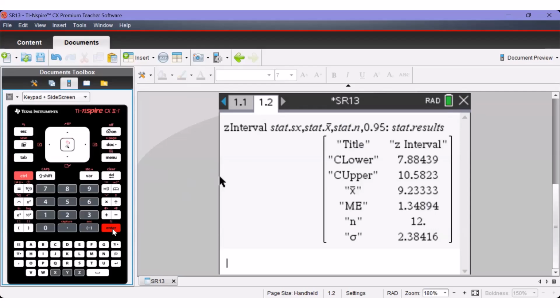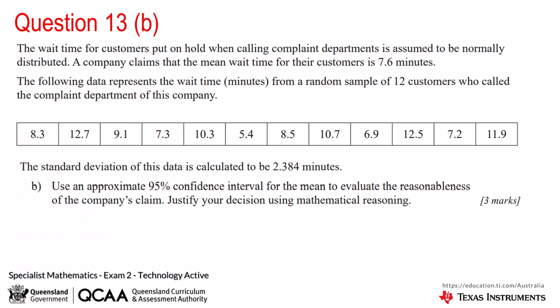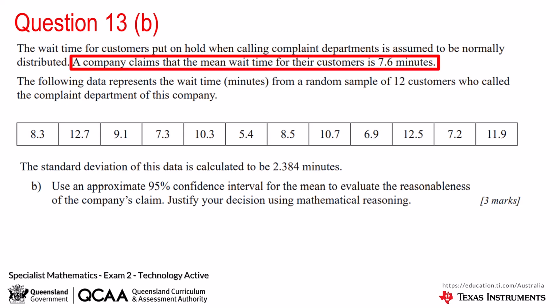Also notice there that our standard deviation is 2.38416. In the question we were told it was 2.384, correct to 3 decimal places. So let's examine the company's claim. The company claimed that the population mean wait time was 7.6 minutes.